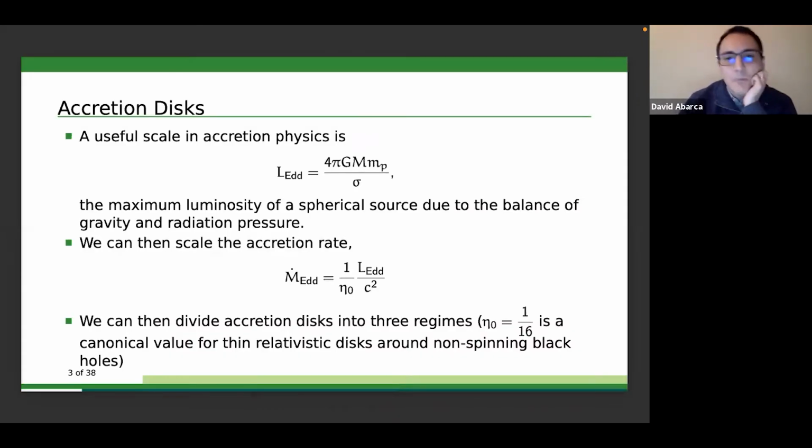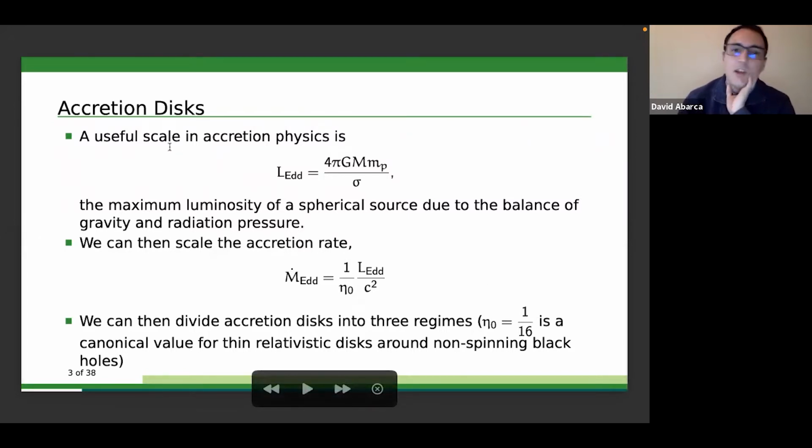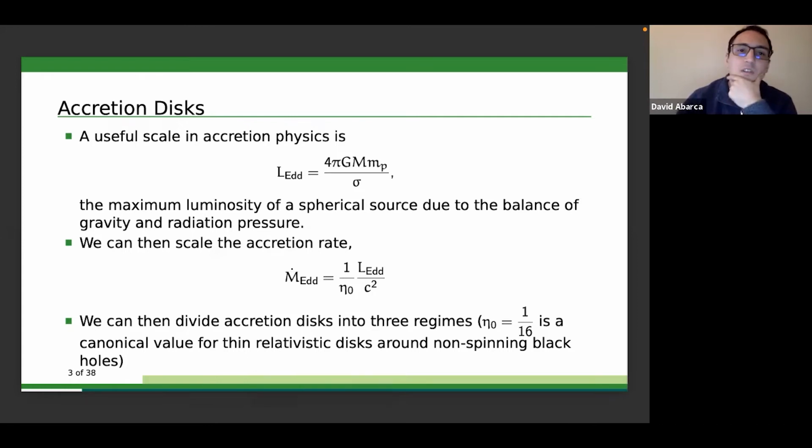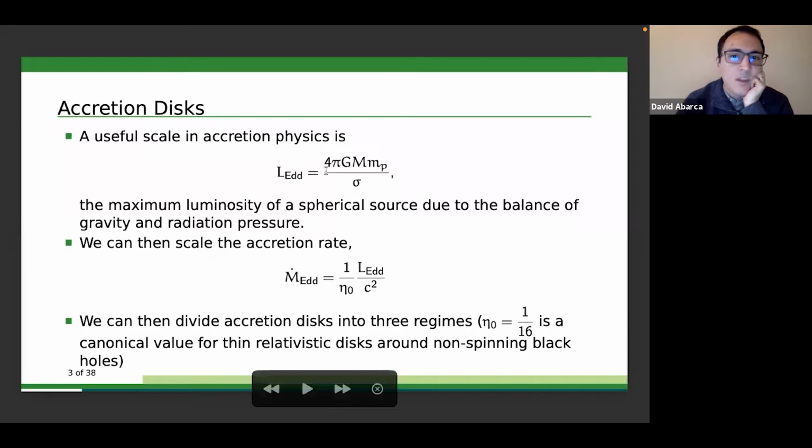A good measure of this luminosity, and a very useful unit, is the Eddington luminosity. The Eddington luminosity is basically proportional to the mass of the accreting object.